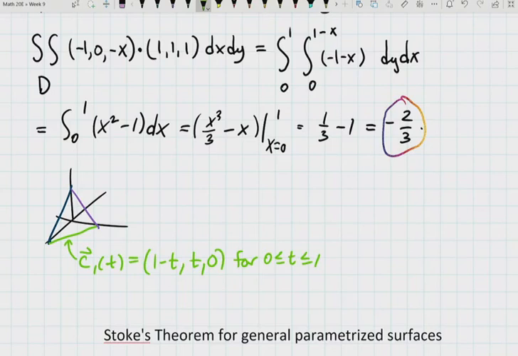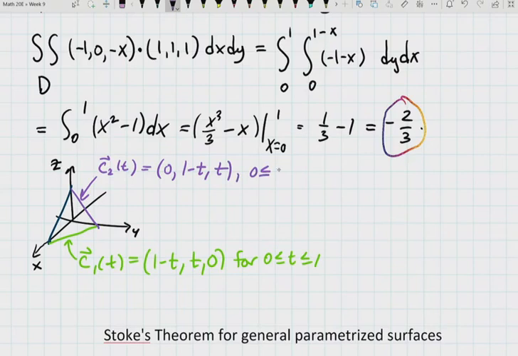Does that work? And for side C2, I'll parameterize C2 of t as, I think x is 0, y is 1 minus t, and z is t, again for t between 0 and 1.